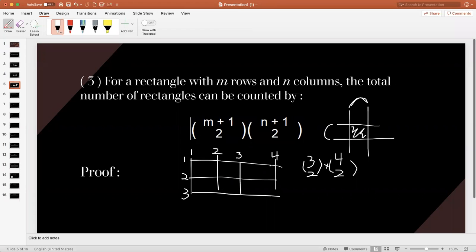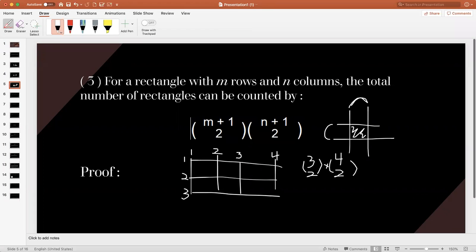And then we replace the 2 by 3 with an m by n rectangle. For m rows, we will have m plus 1 horizontal lines. Out of those m plus 1 horizontal lines, we will pick two to create the two horizontal lines needed for one rectangle.